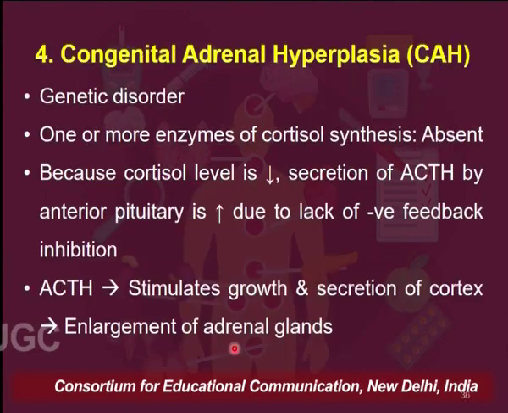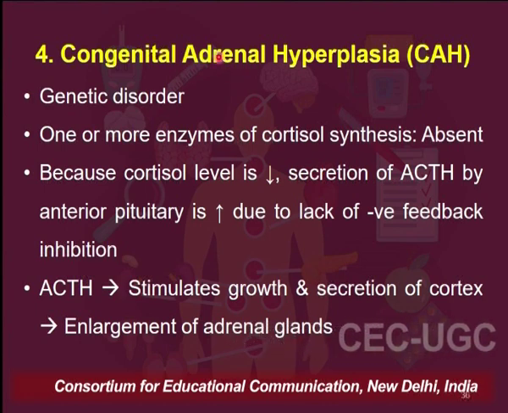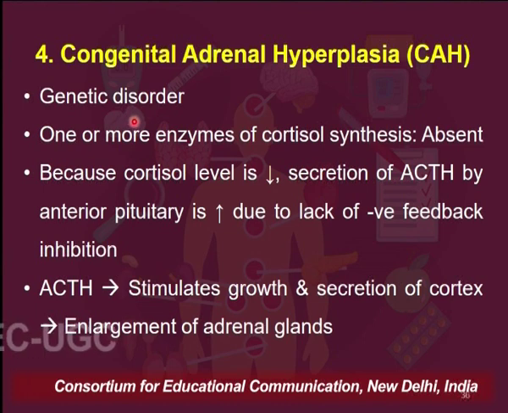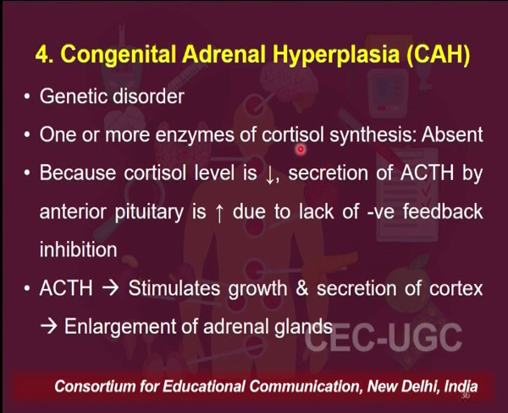And then comes the very important disorder, congenital adrenal hyperplasia. As the name itself suggests, it is a genetic disorder which occurs because of a mutation in one or more enzymes involved in cortisol synthesis. So, there will be a lack of cortisol in the body.